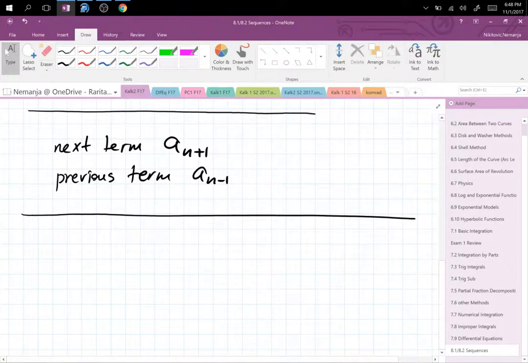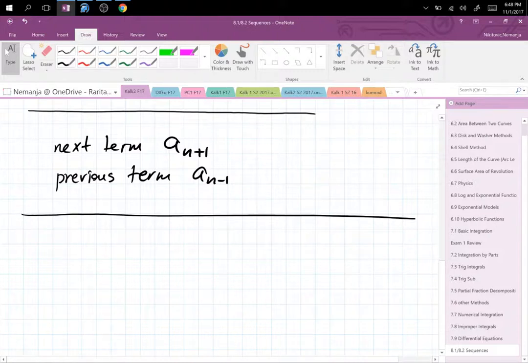Now, we are going to define what we call a recurrence relation. A recurrence relation is one that uses the current term and maybe the previous and the next term, or a few previous terms or a few next terms, to create new terms. So recurrence relations define new terms in respect to old terms.